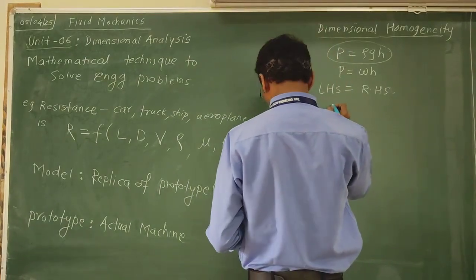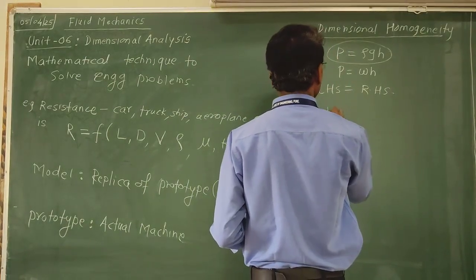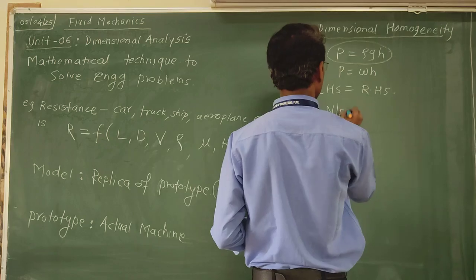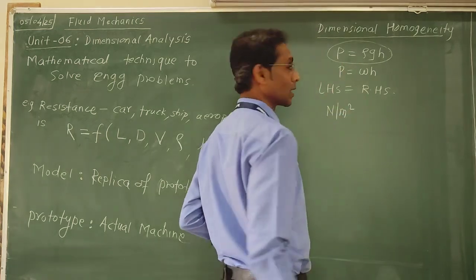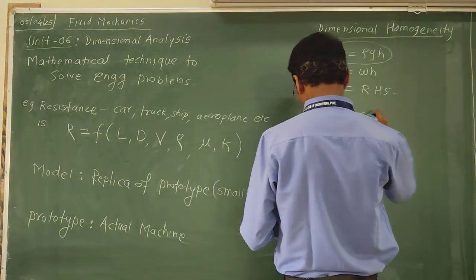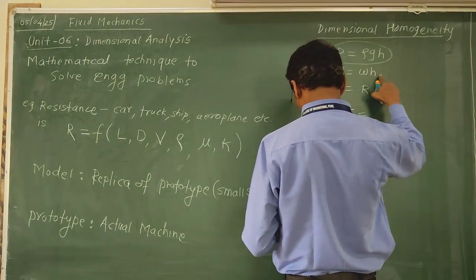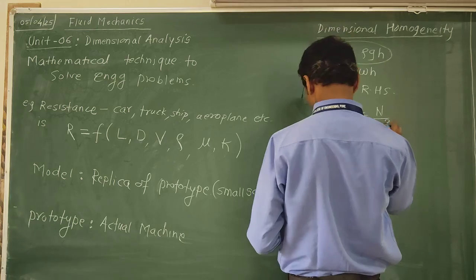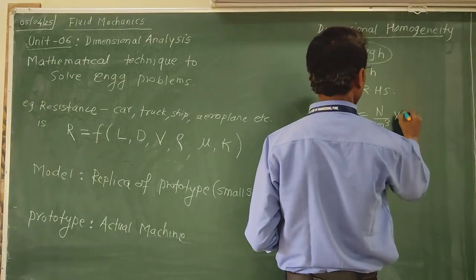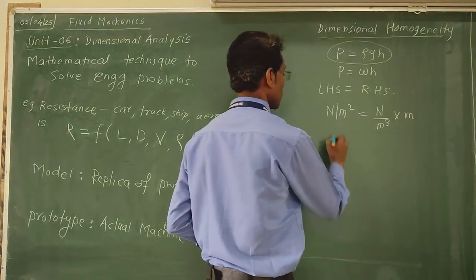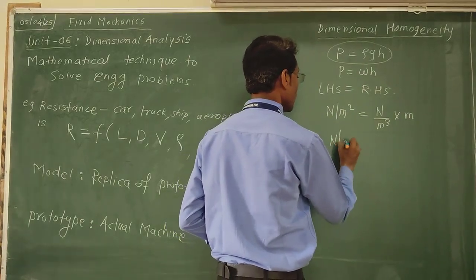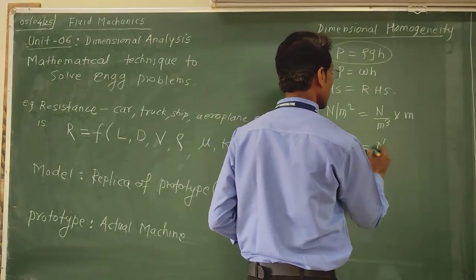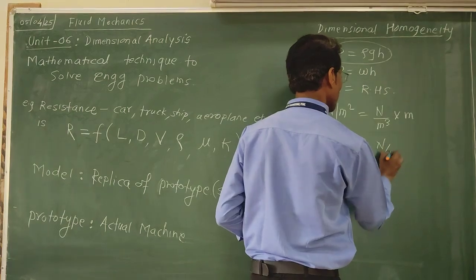So for this, for example, how we will see this? See, left hand side, P is what? Newton per meter square. Unit of this is Newton per meter square. Right hand side, this is what? Product of w and h. So w is what? Newton per meter cube, into h is the height. So Newton per meter square is equal to Newton per meter square.